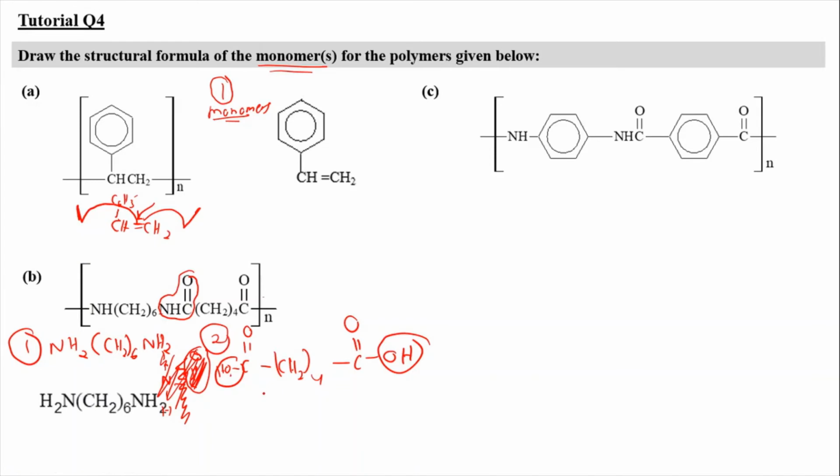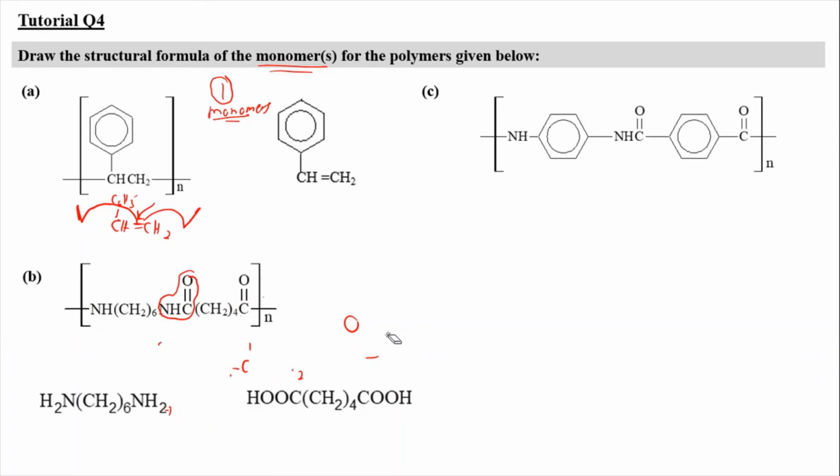First you're going to get 1,6-hexadiamine, and then you're also going to get your structure here, which is CH2 4, C double bond O OH, and C double bond O OH here.